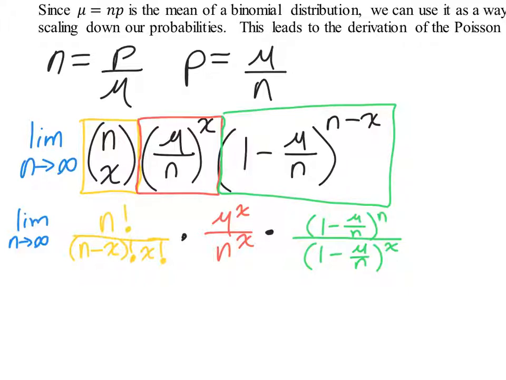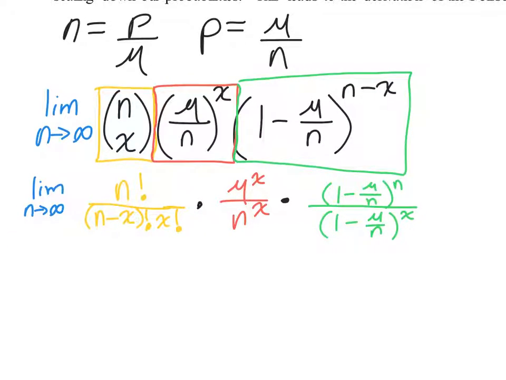I could take out the x factorial. x factorial can go away, mu to the x can go away. Everything else in some way, shape, or form has an n in it, and so we'll have to account for that. So let's at least get those out of the way.